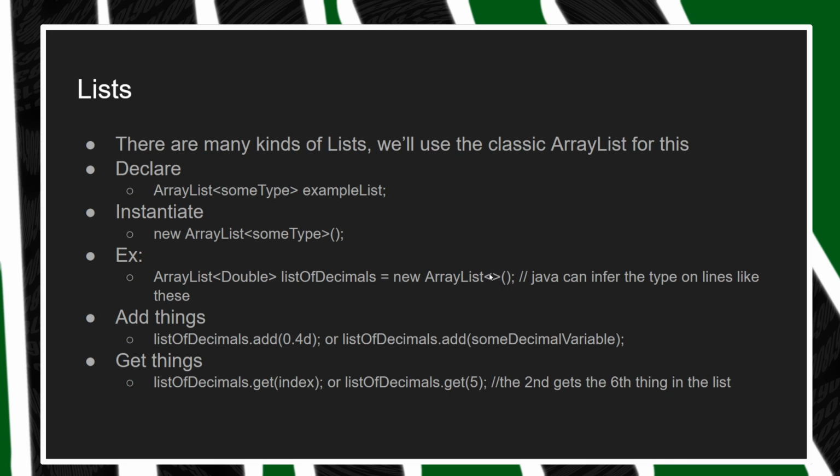I'll explain why we can get away with no triangle brackets there, parentheses, semicolon. This will declare a new array list of double named list of decimals that will now be equal to a brand new empty array list of double type, because Java can infer that typing when it's all on one line like this.